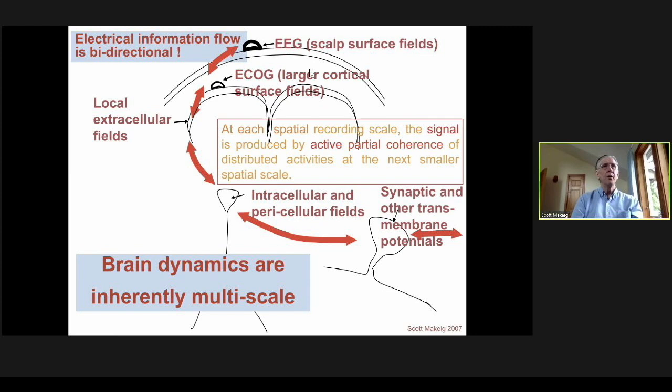Now, an important fact that has been discovered or rediscovered in recent years is that information flow in this process is bidirectional. That is to say, it's not all signs of what's going on at the potential, the roar of the crowd coming up to the electrode. Actually, of course, the scalp electrode has nothing to do with the brain. What goes on in the scalp stays on the scalp.